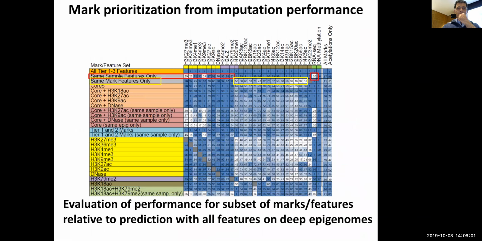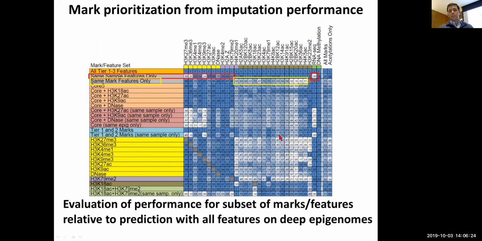And then I mentioned earlier that we can use this to ask, which marks should I profile in order to capture all marks? Which marks are the most informative? And which marks can simply not be well imputed? Here I'm asking, how well can I impute each of these marks using different combinations of features?